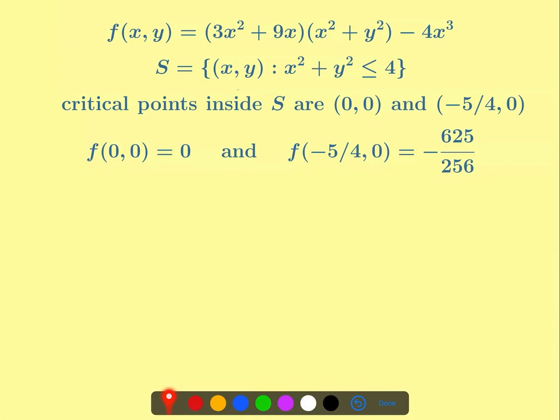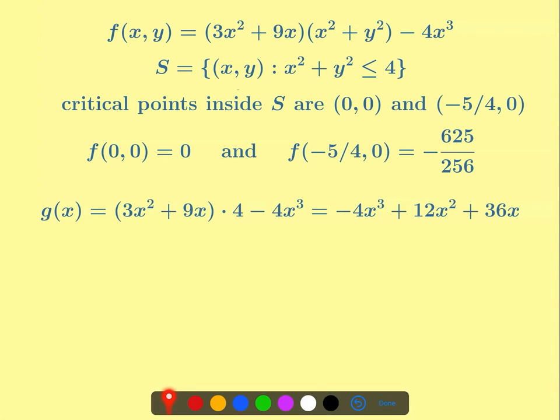So what we need to do is find a function that will represent f of x, y on the boundary, and we use that on the boundary x squared plus y squared equals 4. So I want to replace the x squared plus y squared here with 4, because that's what it's equal to on the boundary.